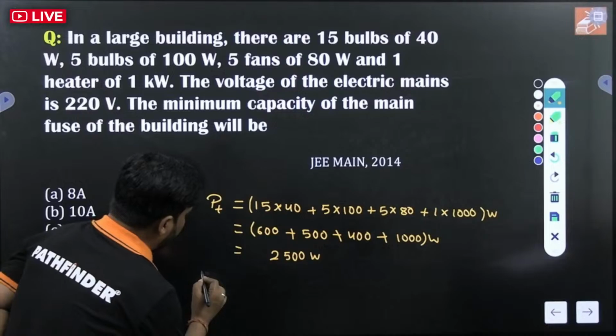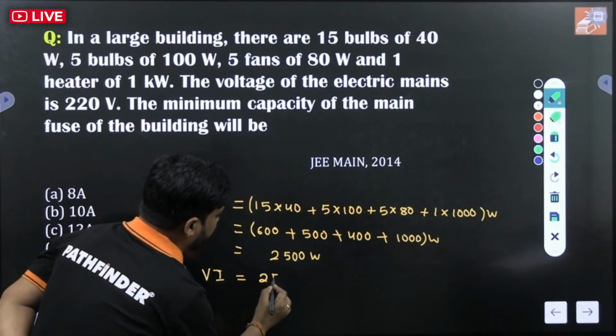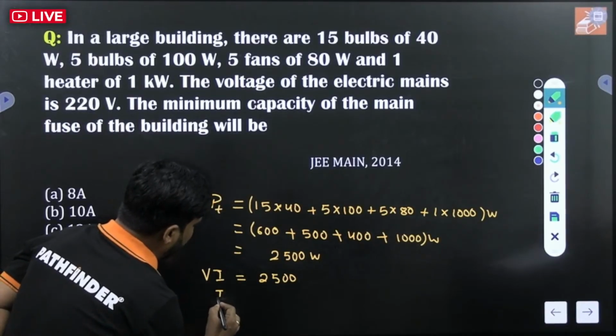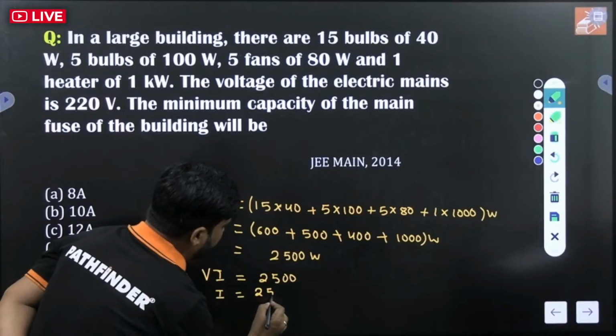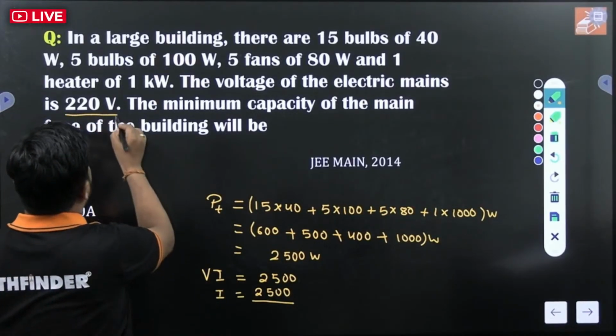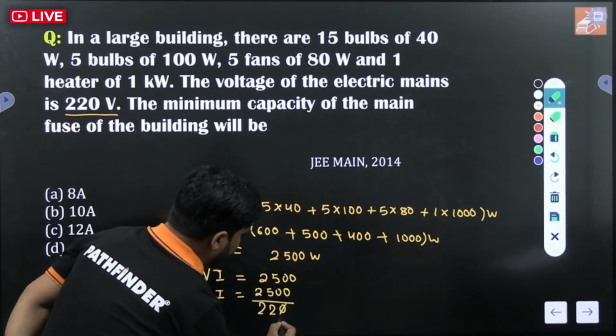This is the power requirement in this building. Now, you know this formula, power is equal to VI, 2500. So I will be equal to 2500 divided by, voltage is given, right? Yes, it is given, 220 volt. So just divide it.